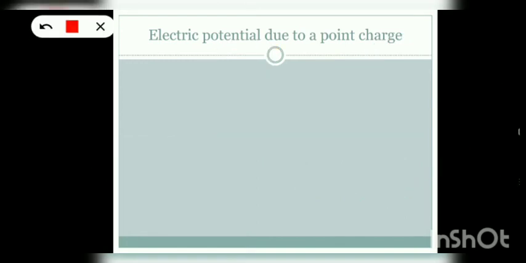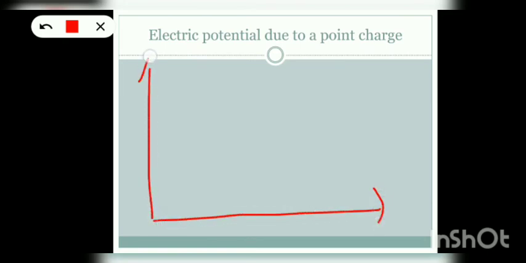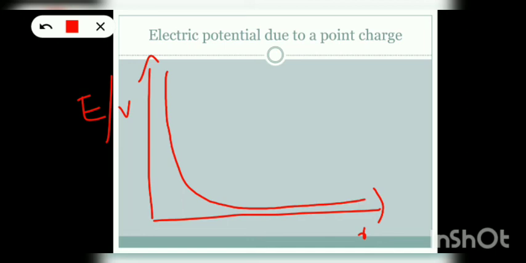So based on this concept, how can you plot the graph between electric field and the distance r, and also potential and the distance r? In order to compare electric field and potential, we are plotting both graphs in the same figure. So here electric field depletes with distance like this.